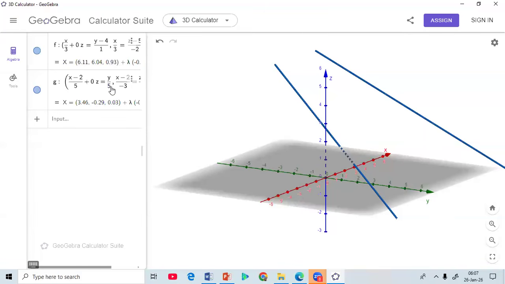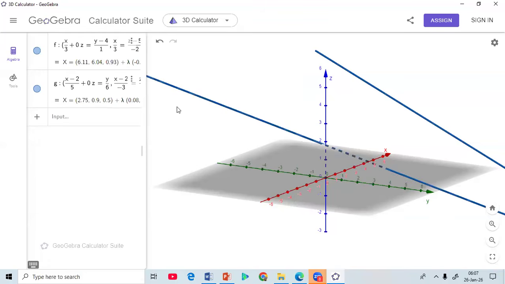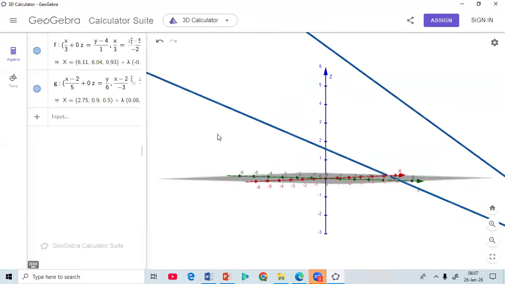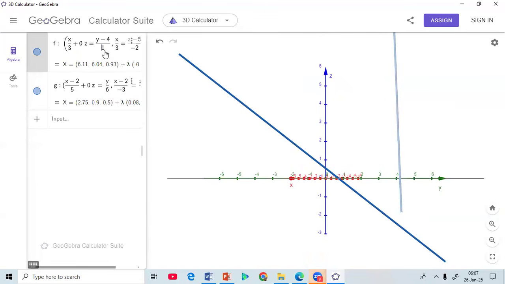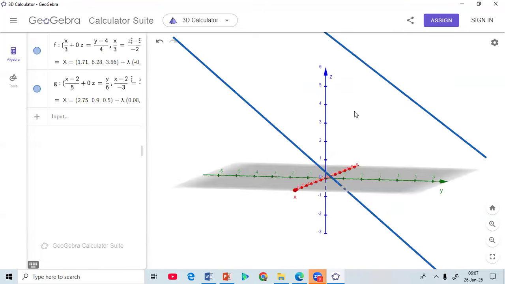Now these ones still do change. So we are going to first check the nature of the lines, whether they are intersecting, parallel, or skew.